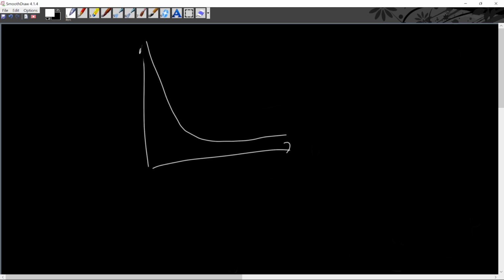We're going to start with n is equal to 1, because that's easier to illustrate. So if we have a function, this is f of n, right?